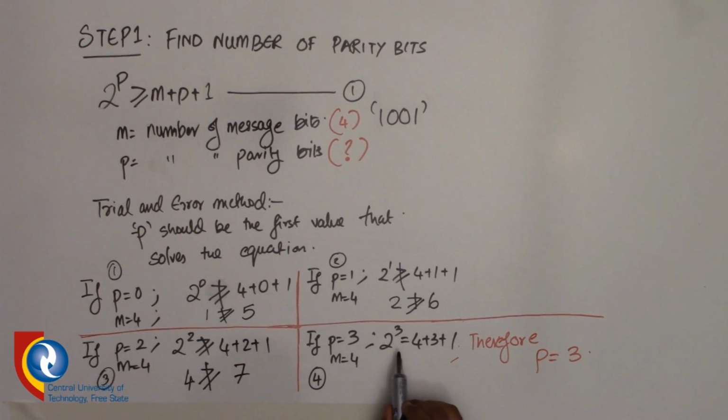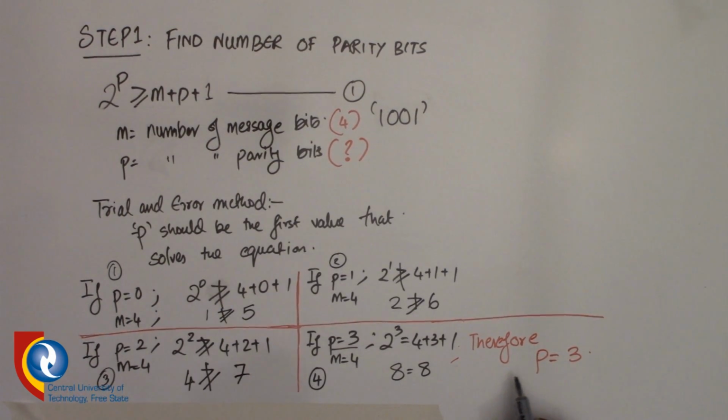When you substitute that, you get 2 to the power 3 equal to 4 plus 3 plus 1. In other words, 8 is equal to 8. This is the first value that satisfies the equation 2 to the power p greater than or equal to m plus p plus 1. Hence, the value of p is 3.